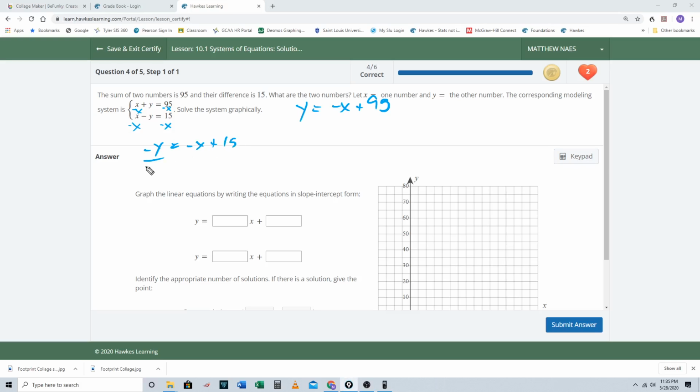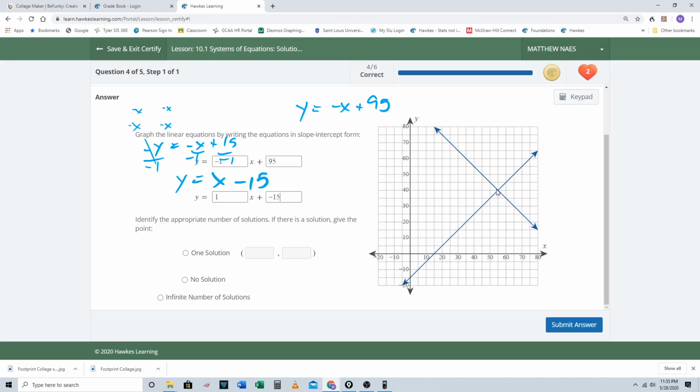So we need to divide by negative 1. We get y is equal to x minus 15. So the first one was negative 1x. We'll leave the negative 1 there just to make sure we're okay. And then it was 1x plus a negative 15.